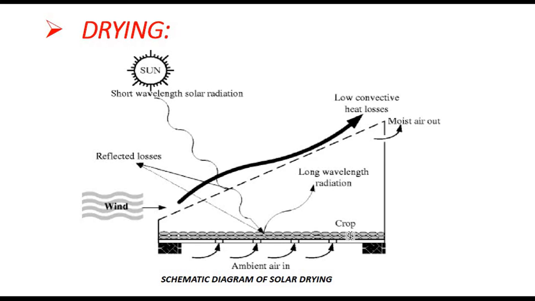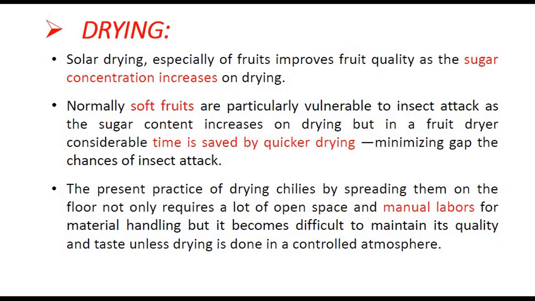Normally soft fruits are particularly vulnerable to insect attack as the sugar content increases on drying, but in a fruit dryer considerable time is saved by quicker drying, minimizing the chances of insect attack.